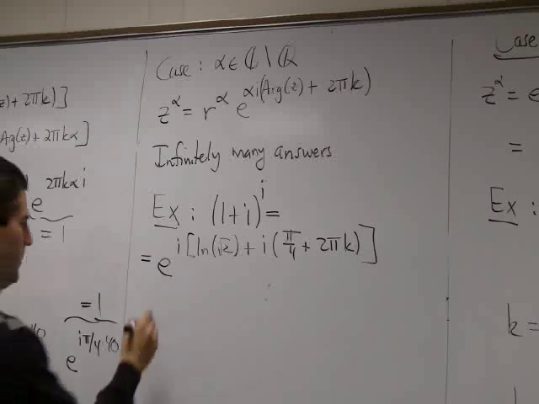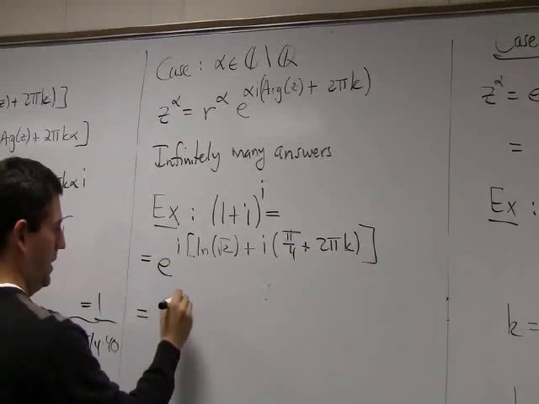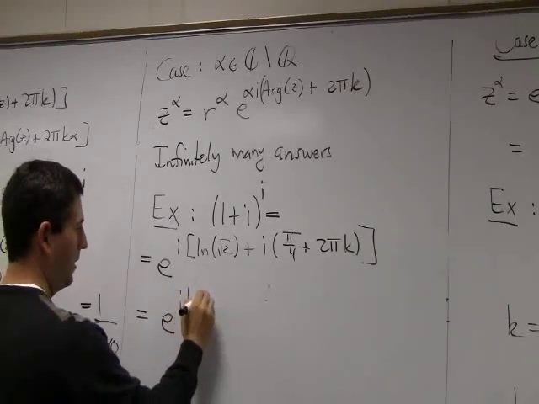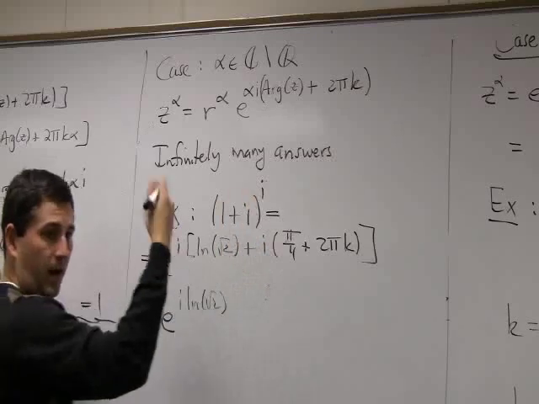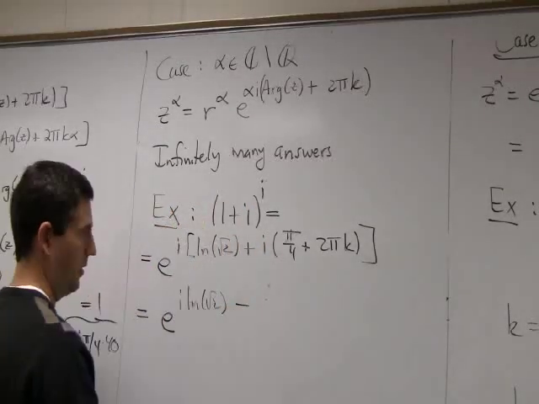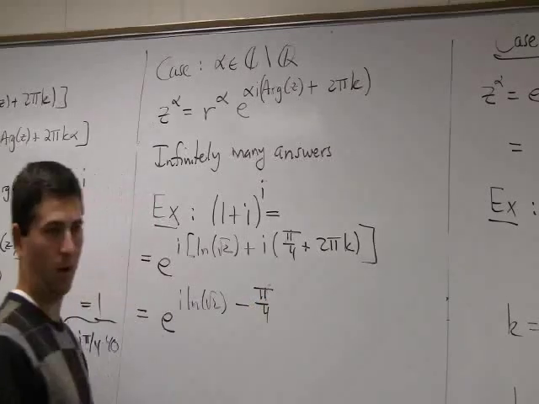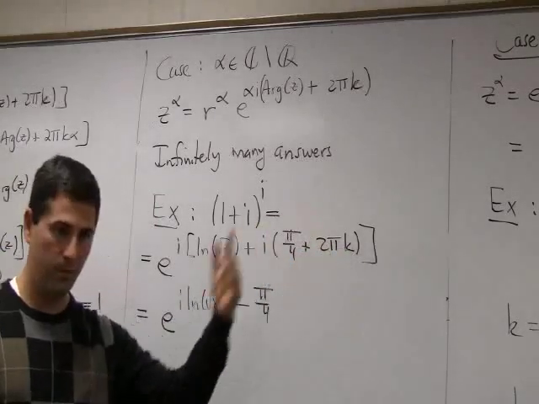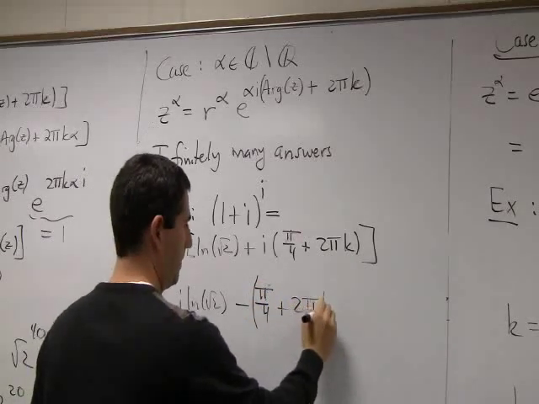Maybe the other form would have been correct. Let me multiply the i through everything, and I get e to the i ln of root 2. And then look at this, this i turns that i into a minus 1. So it just becomes minus pi over 4 minus 2 pi k. Right? Or if you like, minus pi over 4 plus 2 pi k.